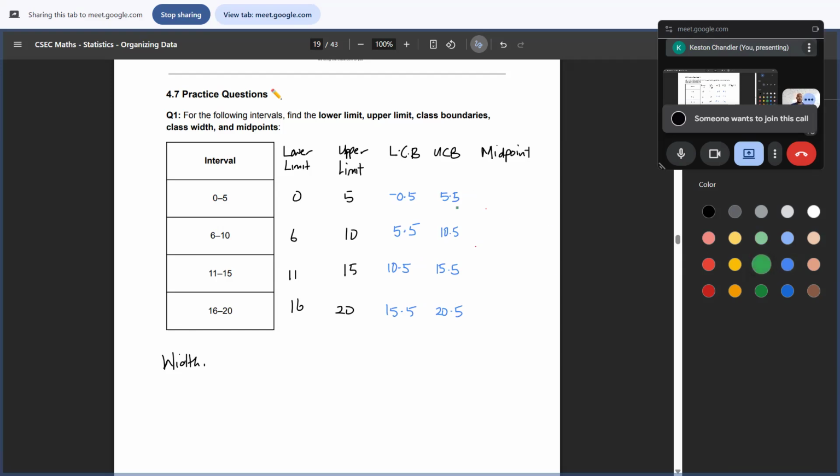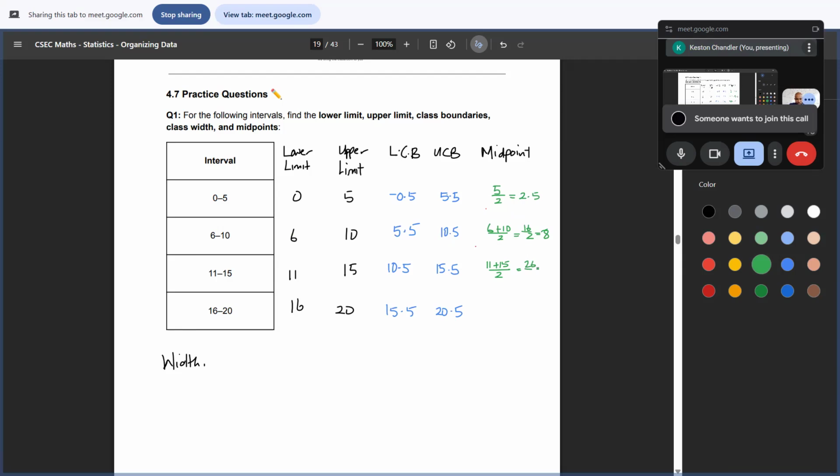For my midpoints, I am adding my lower class boundary and upper class boundary and dividing by 2. Right? So if I add this, 5.5 minus 0.5, I get 5 divided by 2, 2.5, right? You could also add the limits. I was stating that earlier. If you do 10 and 6 divided by 2, that's 16 over 2. You'll get the same 8. Right? You could either do limits or boundaries here.